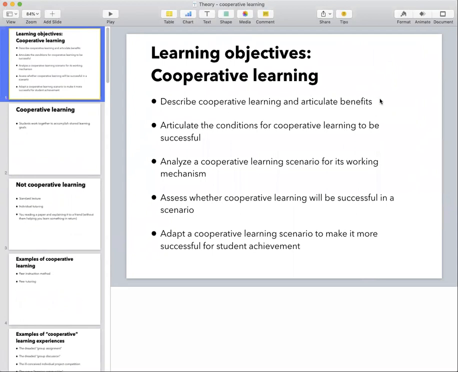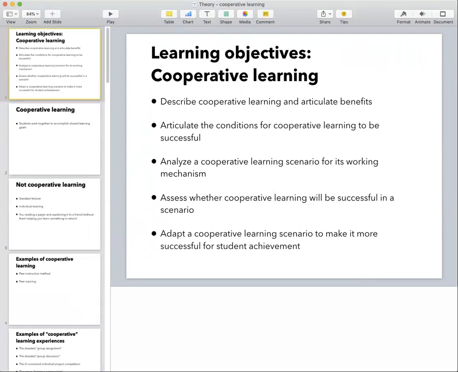We articulated its benefits, which could improve learning, but also improve empathy, sense of belonging, and other social goals. This week, we are only looking at improved learning. We articulated what are the conditions for cooperative learning to be successful, and there are two: individual accountability and positive interdependence. Now we're going to analyze a couple situations.